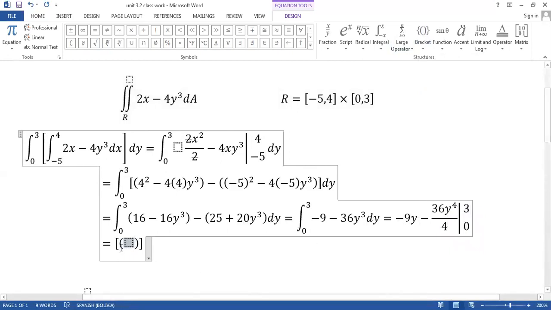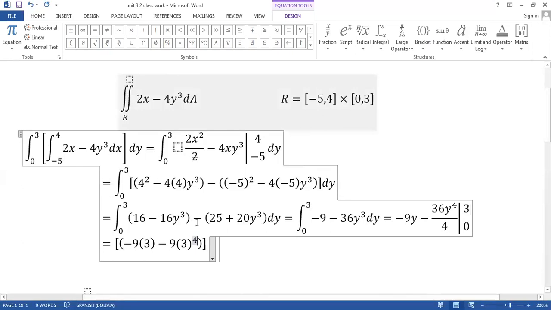All right, so this is going to be -9 times 3, minus. 4 into 36 goes 9 times. So minus 9 times 3 to the 4th power. 3 times 3 is 9, 9 times 3 is 27, and all of this must be raised to the 4th power.